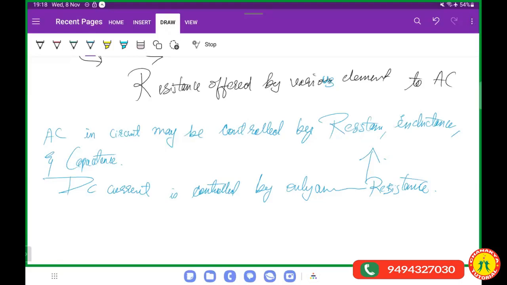So DC current cannot be controlled by any other things. So you cannot use a capacitor in DC or a coil as an inductor in your DC. We can use them only on AC supply.